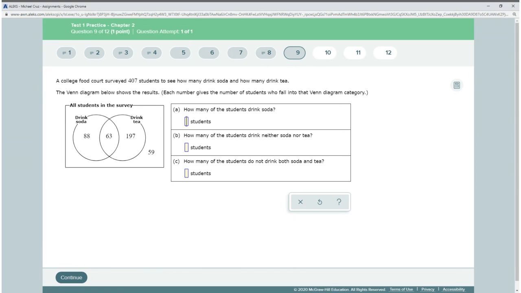So 88 and 63, okay? If it said soda only, then you would be correct, but it's not. I understand. Okay, good. So you got to watch that. That's important. Sometimes they'll even word it differently.